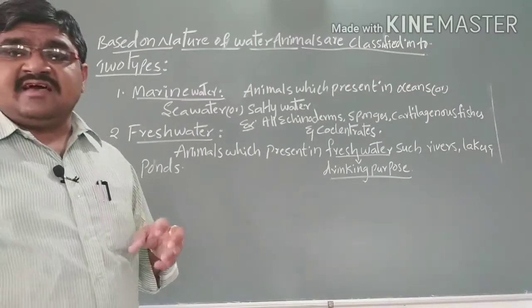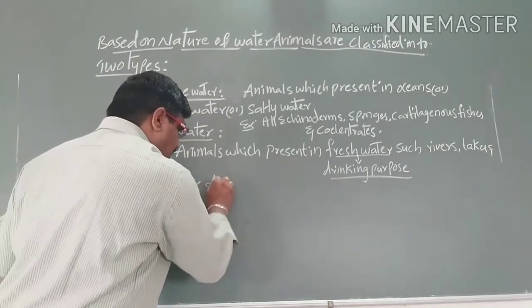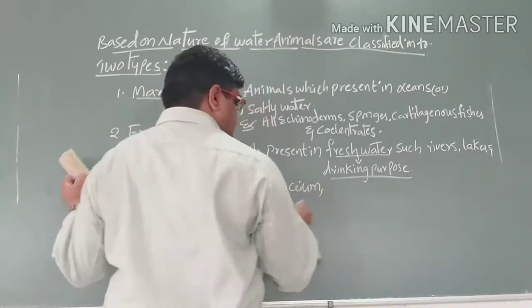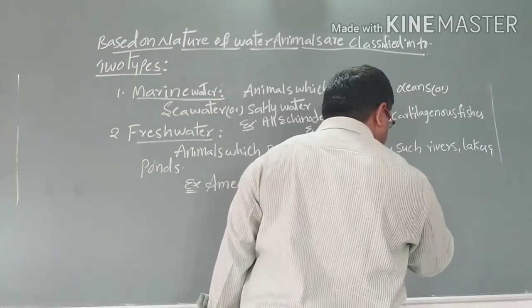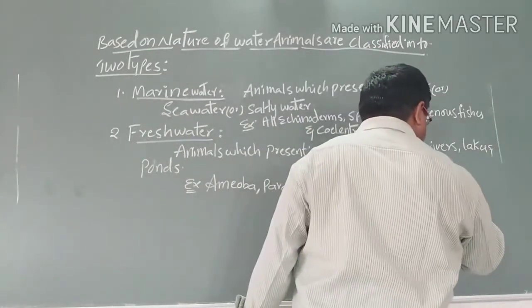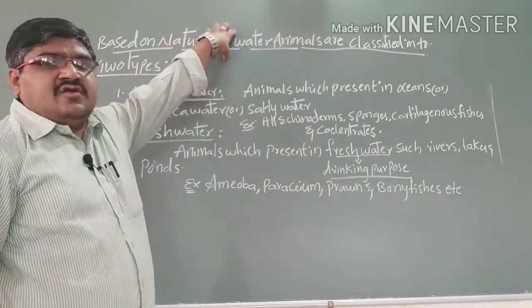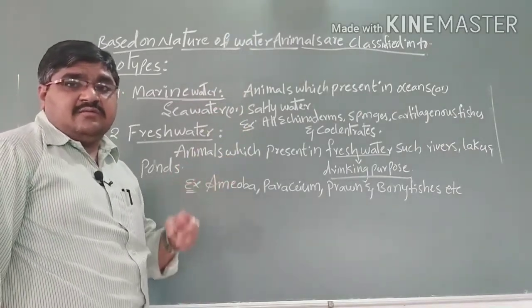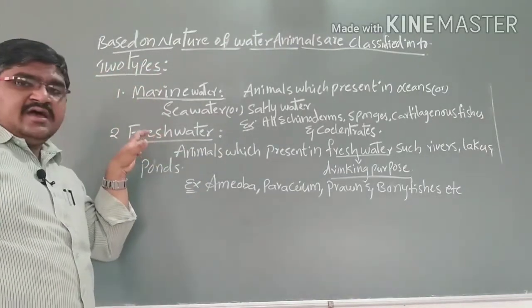Here the examples we can take are amoeba, paramecium, prawns and the bony fishes, etc. So, based on the nature of the water, where marine means salt water and fresh water means water useful for drinking, animals are classified into two types: marine water animals and freshwater animals.